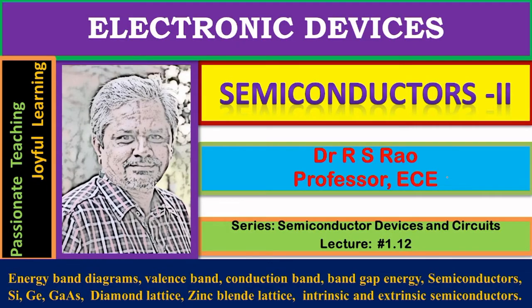Electronic devices, semiconductors, the second part, series on semiconductor devices and circuits, lecture number 1.12. Diodes and transistors. These are 2 prominent electronic devices. Semiconductors like silicon, germanium, gallium arsenide, and several other such type of materials are being used to fabricate these devices.